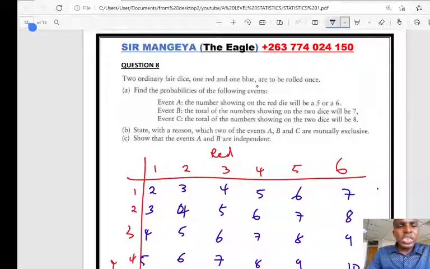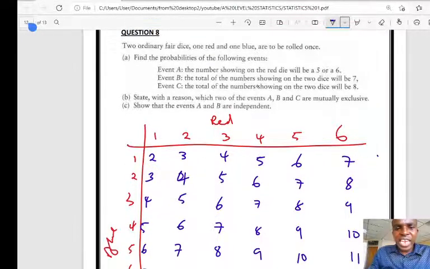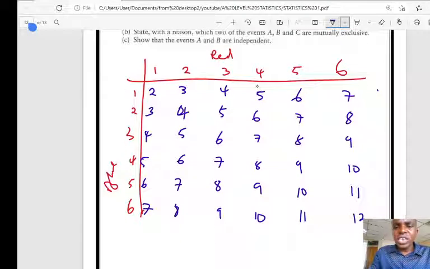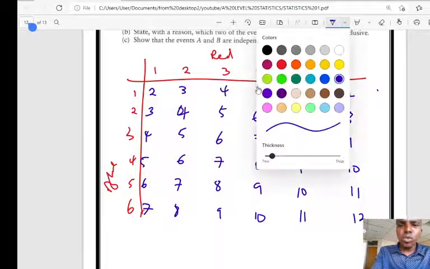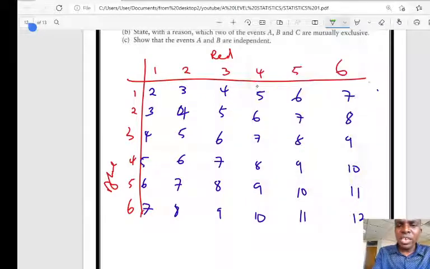Then we want to find the probabilities of the following events. Event A: the number showing on the red die will be a 5 or a 6. If I am to use my table here, the red die is this one, and 5 or 6 is this part.